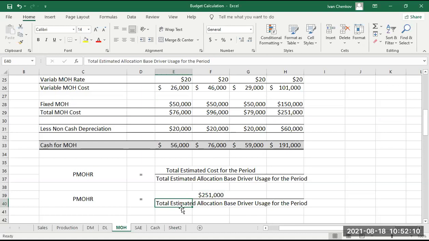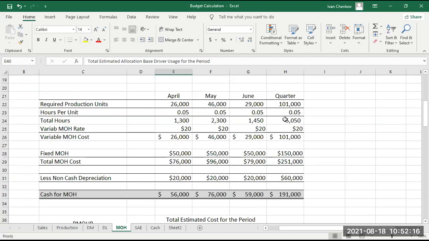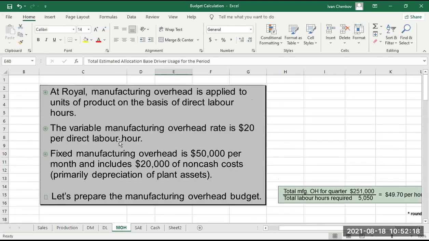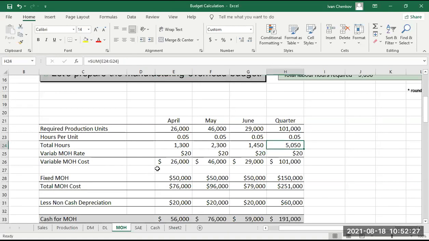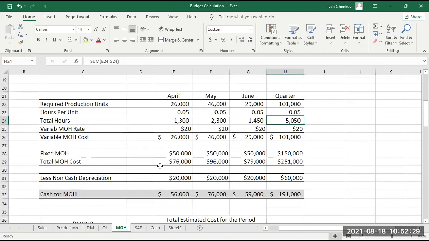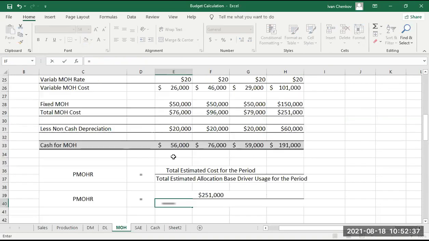How much is my total estimated allocation-based driver usage for the period? First, what's my driver? It says here my driver is the direct labor hours, correct? So how much is the total labor hours that I'm estimating? Can you see the number here? Yeah, it's 5,050.